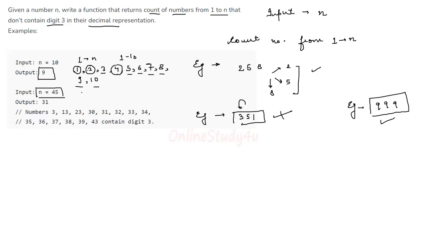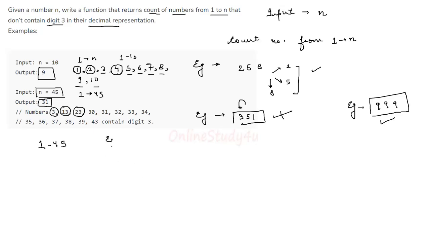If we'll talk about another example that we have, so you have n equal to 45. So here, what you'll write, you have to count from 1 to 45. When you'll see from 1 to 45, the first number that contains 3 is 3, then you have 13, then you have 23, and so on. So, numbers that don't contain 3, so the total count of those numbers is 31.